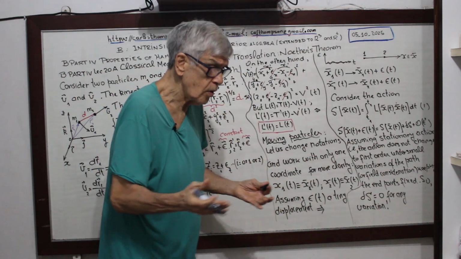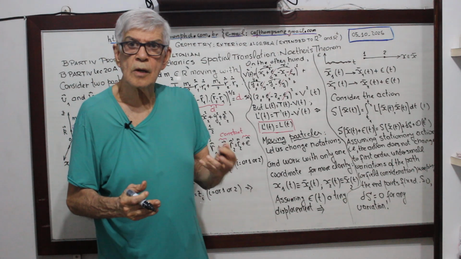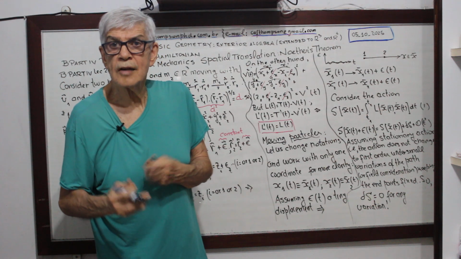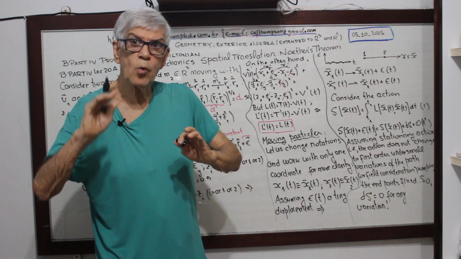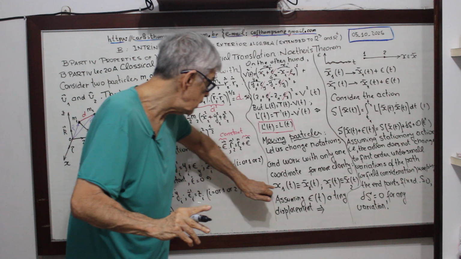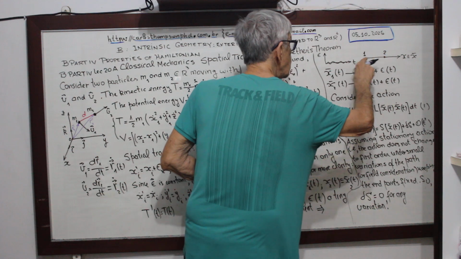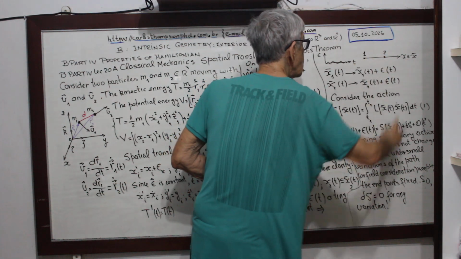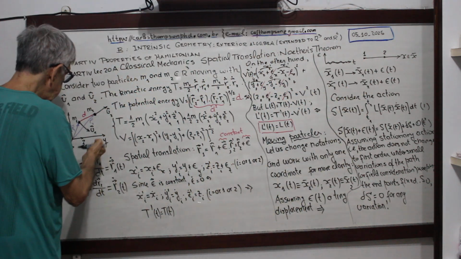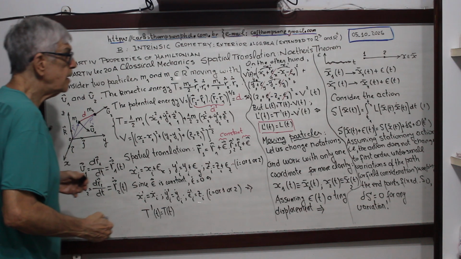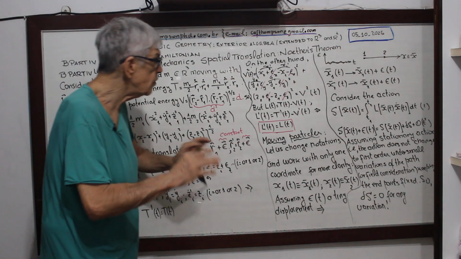Instead of working with x1, x2, and y1, y2, and so on, I just pick one direction. I call this x. So instead of working with x, y, and z, I just work with x, and in the end I can write the full expression. So that's very, very easy.